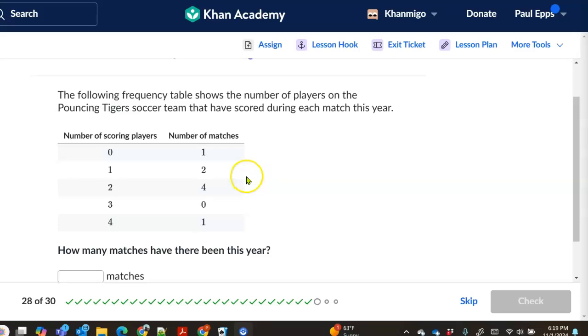The only thing I can make out of this is that they had one match where nobody scored. They had two matches where one player scored, four matches where two players scored, no matches where three players scored, and one match where four players scored, in which case we just add up the number of matches. It seems too simple, but I mean 1, 2, 3, 7, 8. Let's go with 8.